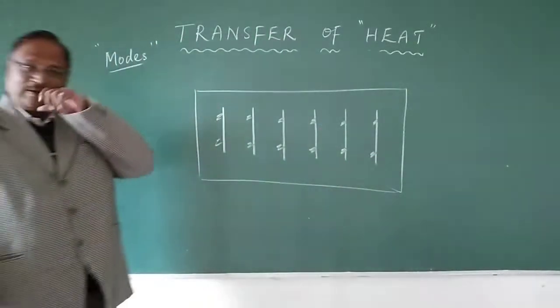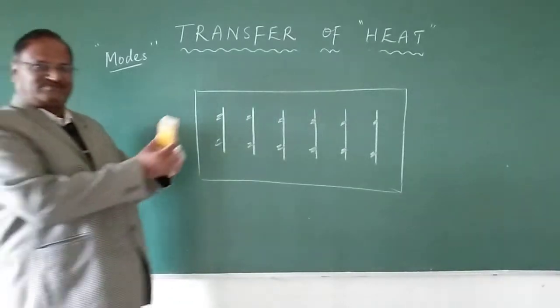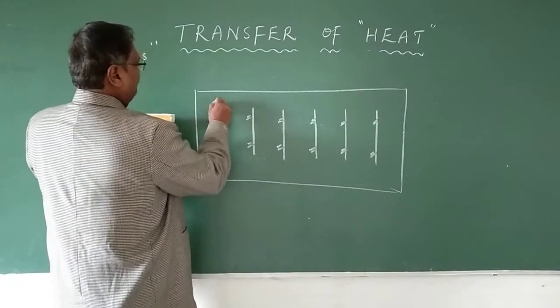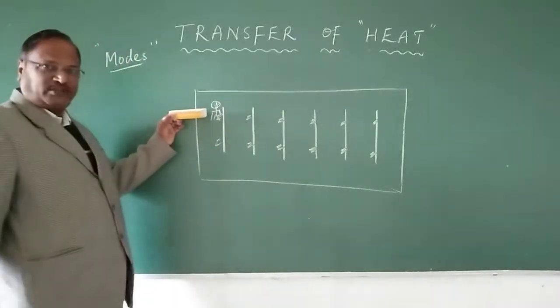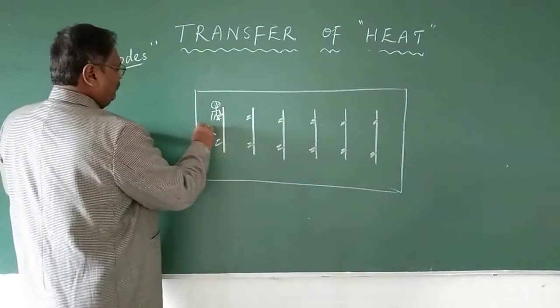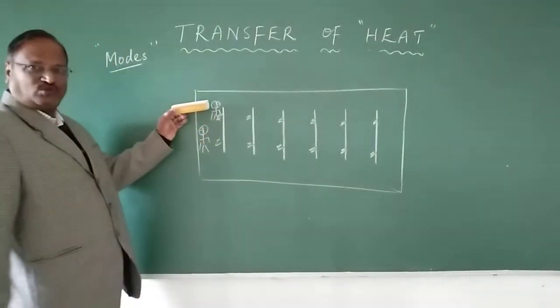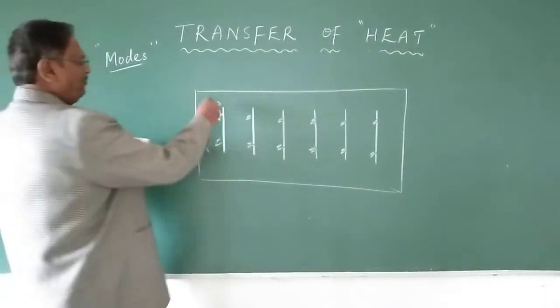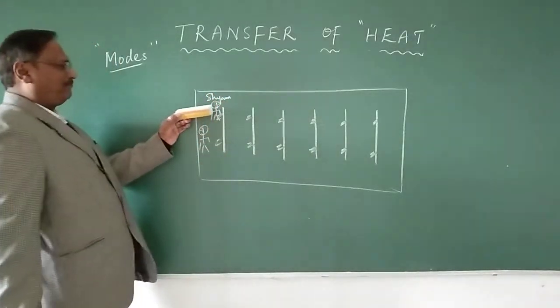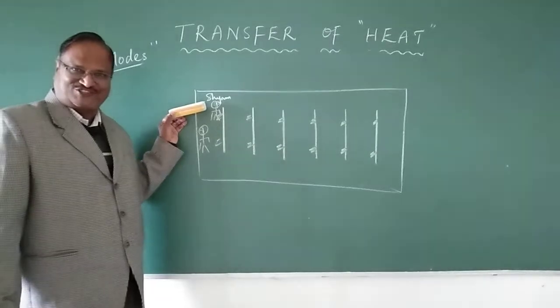Now, I give this duster to this boy sitting here, and I am standing here, okay? Now, I say to this boy, let us say the boy's name is Sham. I tell Sham, come on Sham, pass this duster.